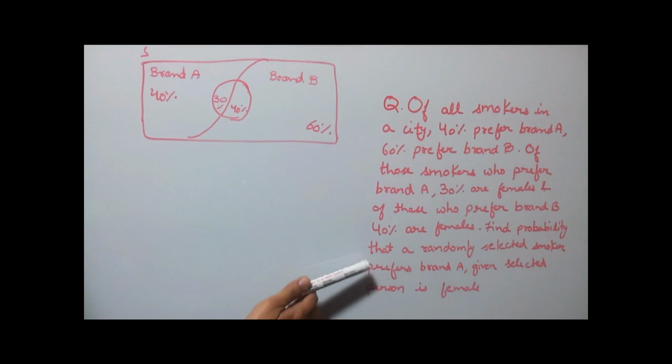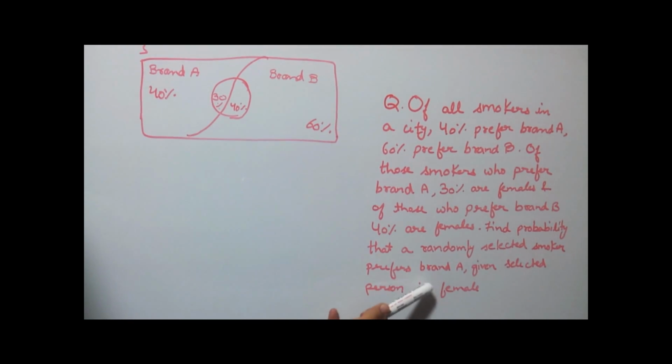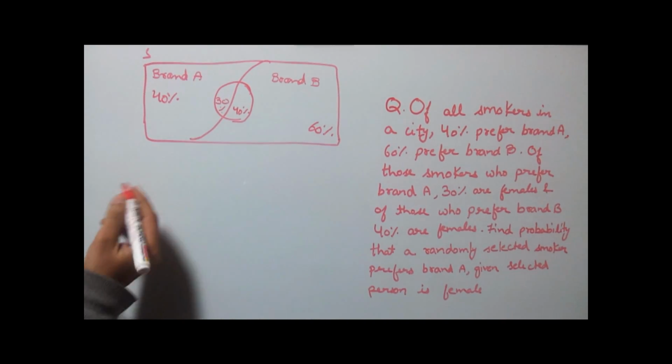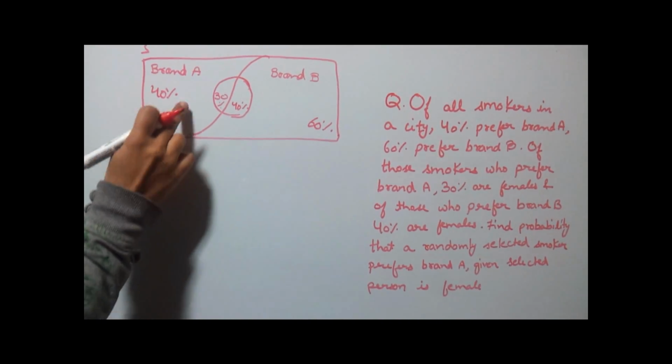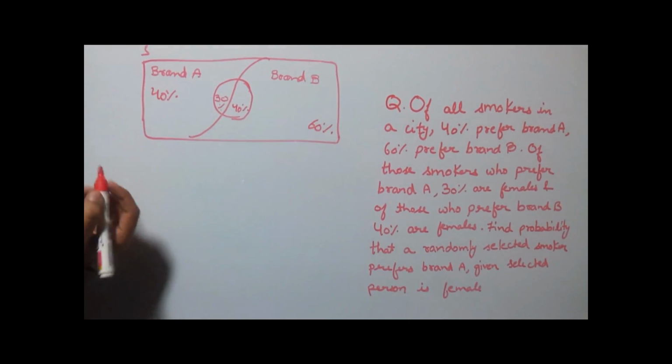Find the probability that a randomly selected smoker prefers brand A given the selected person is female. Now we need to find the probability that a person prefers brand A given that she is a female.